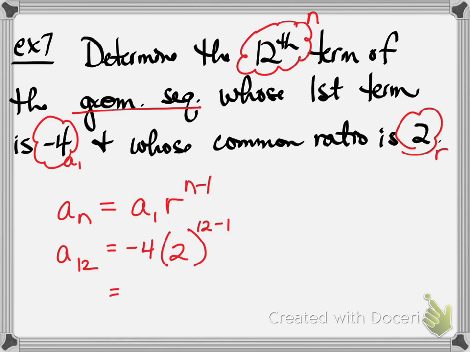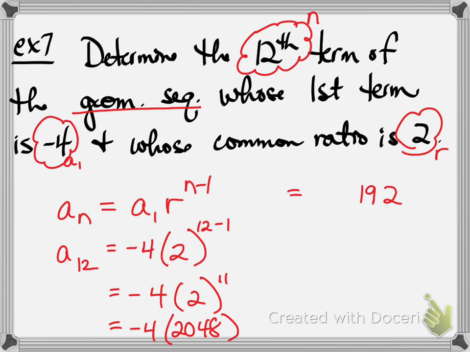You're going to pick up your calculator and, well, first, simplify 12 minus 1. Do the exponents first, so figure out what 2 to the 11th is on your calculator. It's 2048. Then multiply by that -4. So we would not have wanted to draw 12 blanks and do all that multiplying. It's easier to use this formula, possibly.